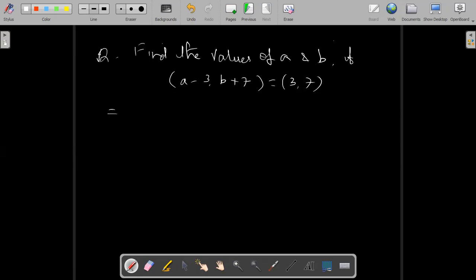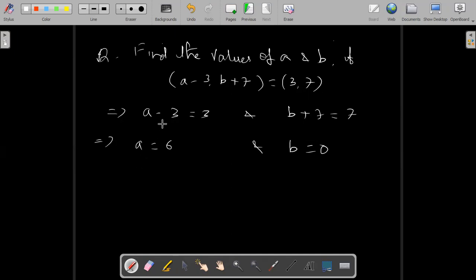As I told you, A minus 3 is equal to 3 and B plus 7 is equal to 7. Therefore A will be equal to 3 plus 3, 6, and B will be equal to 7 minus 7, 0. So we get the values of A and B.